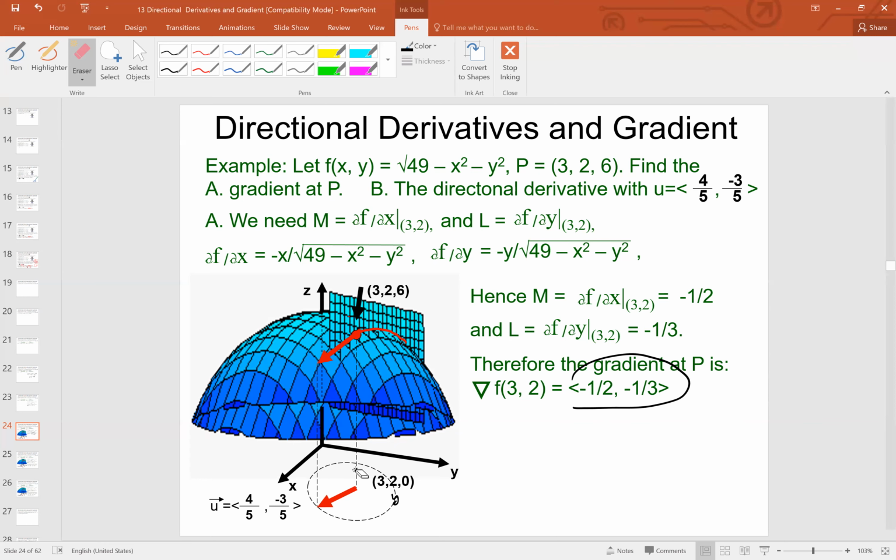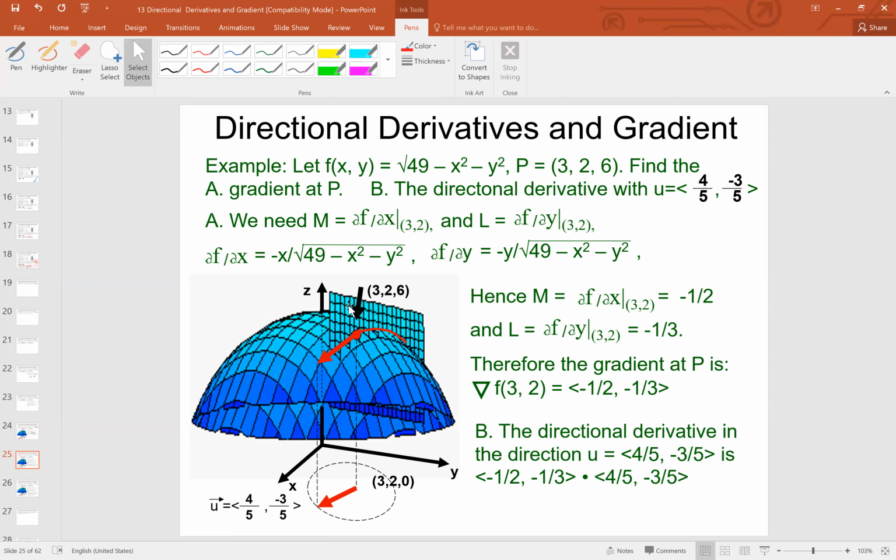So it's not in this picture. But this is the directional vector u. Sorry, my mistake. This is not a gradient. I want to know the slope in that direction, and so you just dot it with the gradient, and therefore the slope in the direction u is minus 1/5.